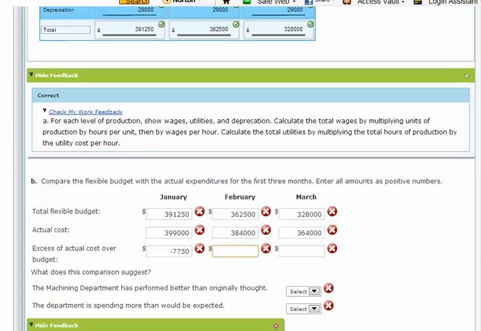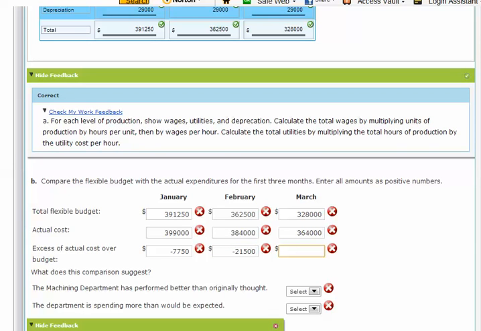Then I'm going to look at February, and I have $362,500, and I'm subtracting $384,000. Again, I'm over budget, so I have a negative $21,500.